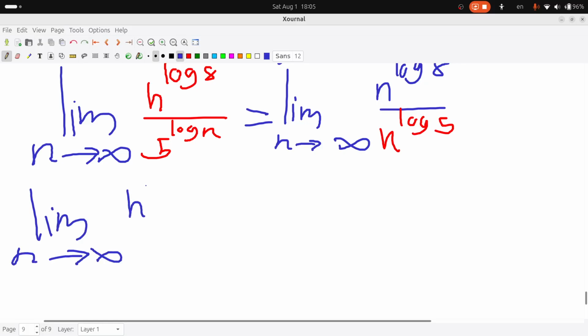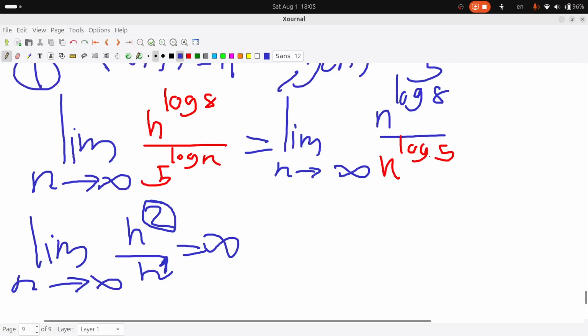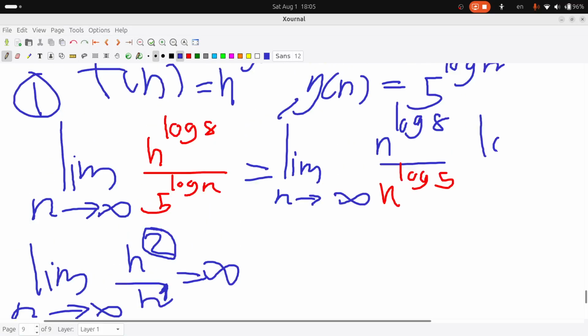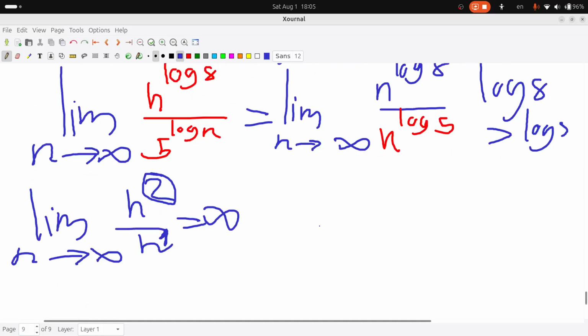For example, if I have n squared and n, we know that n squared grows larger than n, it should be infinity because the power of 2 is greater than the power of 1, right? And what about log x and log 5? We know that log x is greater than log 5. That means this limit will equal infinity.